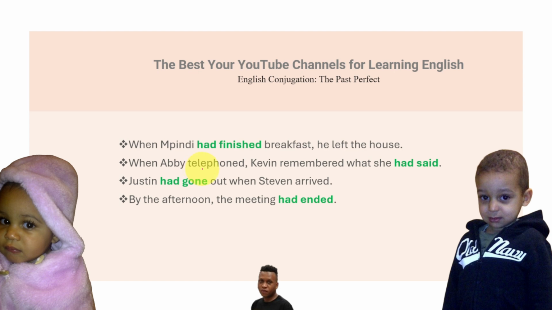When Abby telephoned, this one is like the noun telephone, but in this case, it's the verb. When Abby telephoned, Kevin remembered what she had said. Justin had gone out when Stephen arrived. By the afternoon, the meeting had ended.